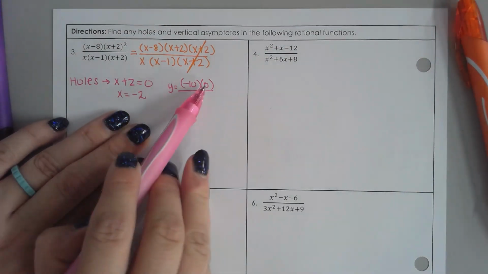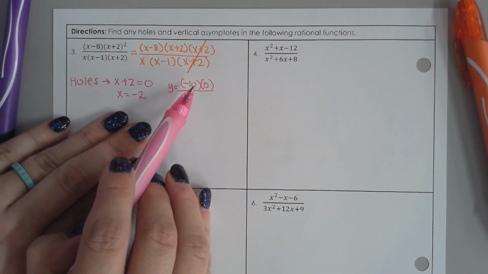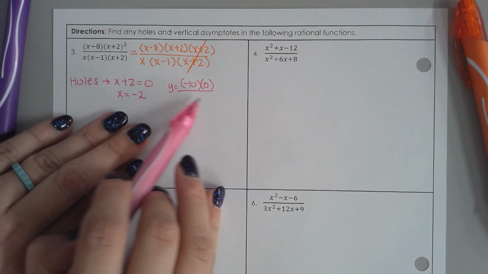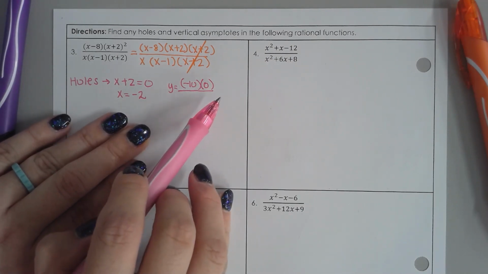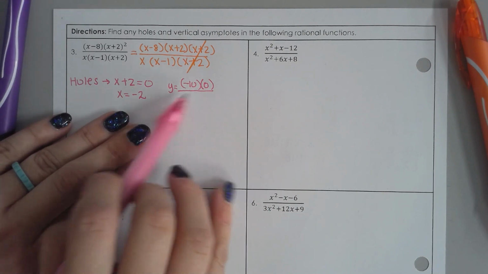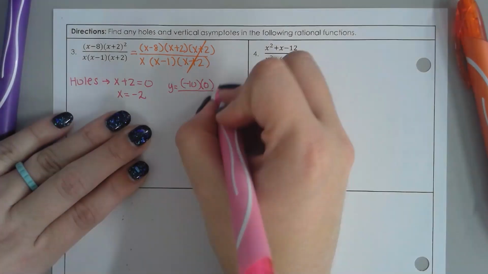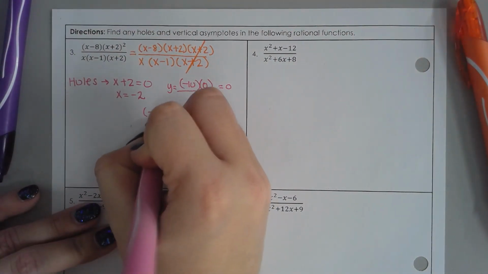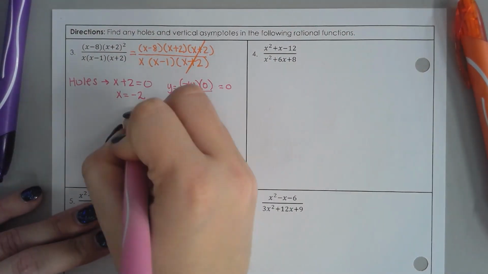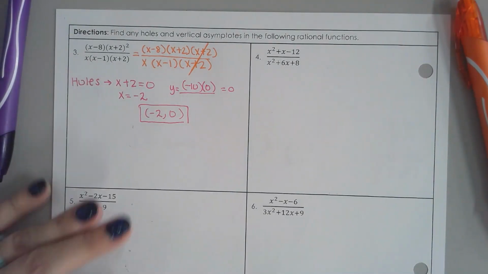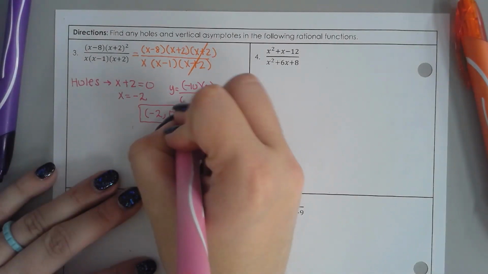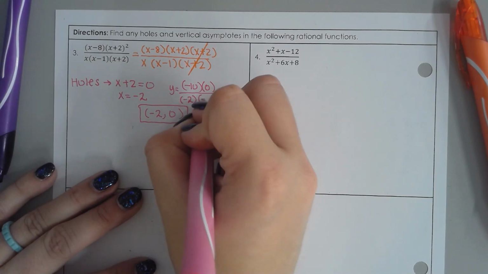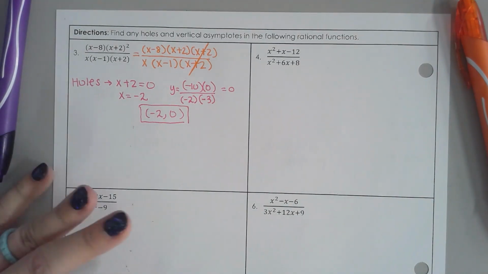Look, what's -10 times 0? 0. If I take 0 divided by anything, what am I going to get? 0. So you could finish this out, but I know that it's going to be 0. I mean, I could do -2, -3, but it's still going to be equal to 0.